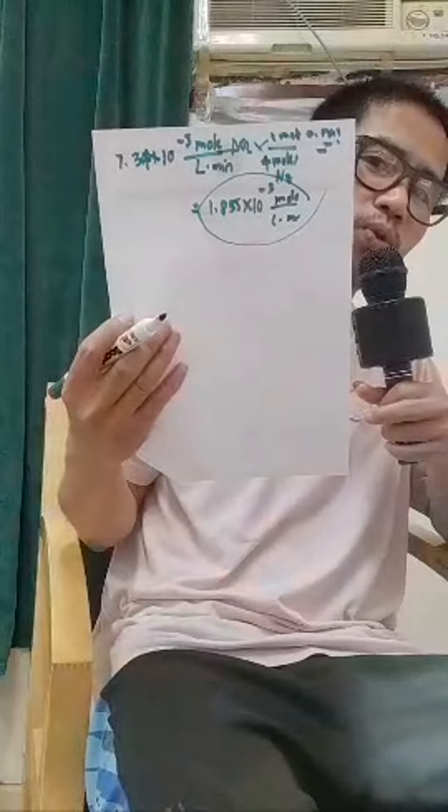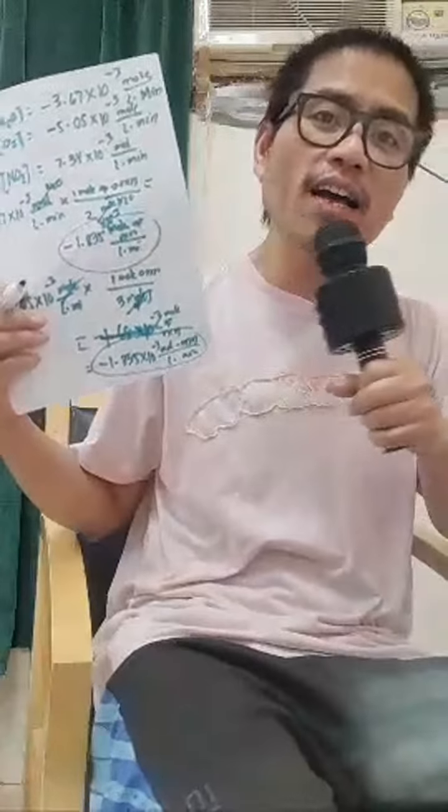This time it is correct: 1.835 times 10 to the negative 3. Sometimes how we press the calculator matters. At least 1.68 is very close to 1.835, but still it doesn't prove our theory. So this is now the 1.835 times 10 to the negative 3 moles per liter minute for NO2. And the other one is also positive, NO2 is a product.